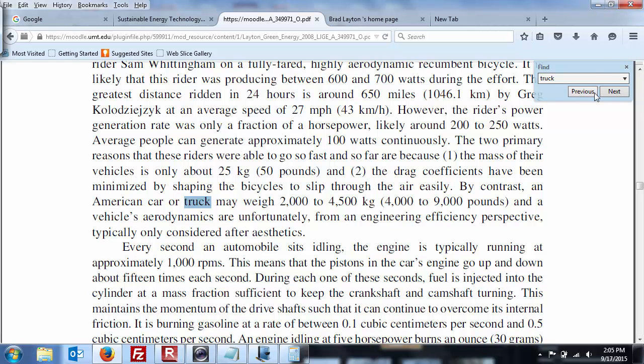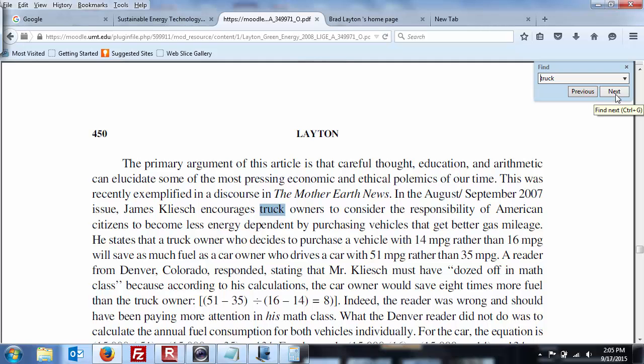Scroll up a little. Yeah, that's a good one. Let me just read through it and refresh my memory.